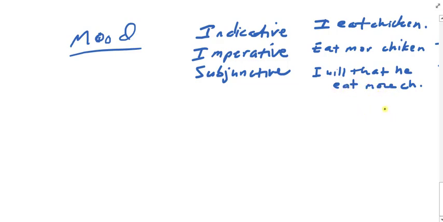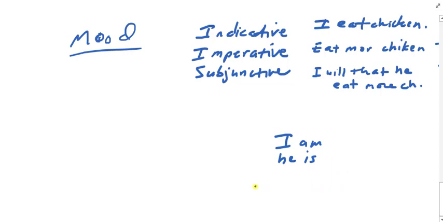I would say he eats, right? Moses eats chicken. I will that he eat more chicken. The subjunctive mood does have slightly different forms in English than the indicative mood does, okay? Third person singular forms, for example, don't have the S. Here's one more example. I would say I am in the indicative mood and he is, right?